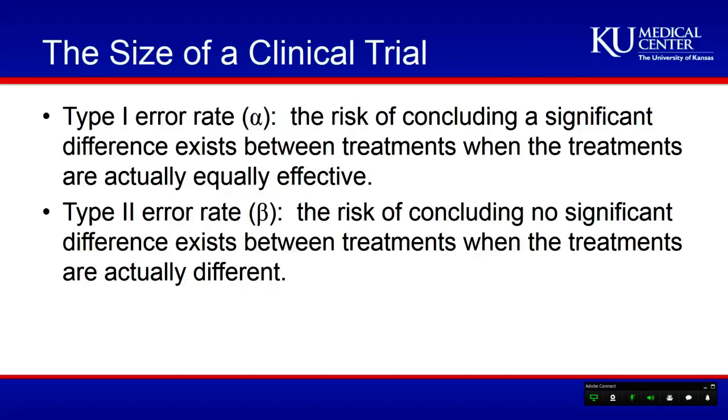When we design a study and when we calculate the number of subjects we need, what we're doing is we're trying to get a sample size that will control these two risks at some reasonable level. Generally speaking, again, there's no one universally applied cutoff for both of these.